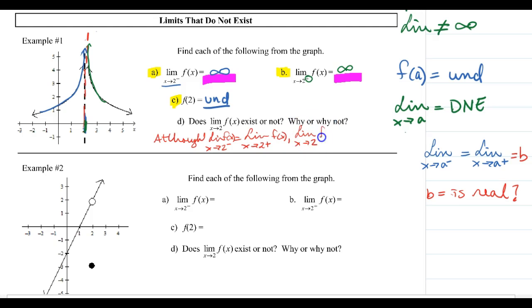The two-sided limit does not exist because it is not a real number. And I would write that out. We never use pronouns. The limit as x approaches 2 is not a real number. We don't use pronouns, we write things out.